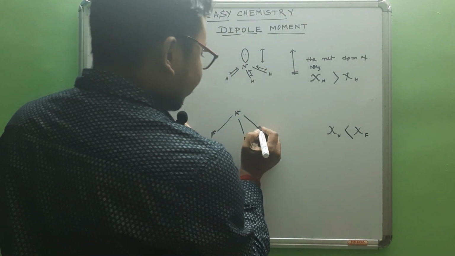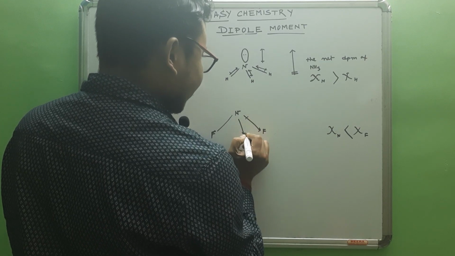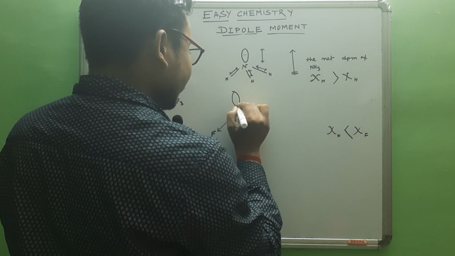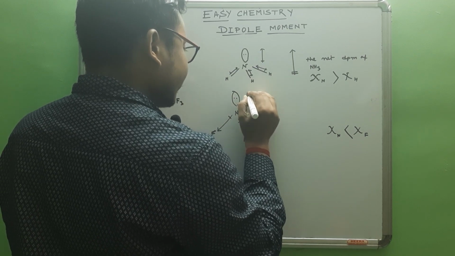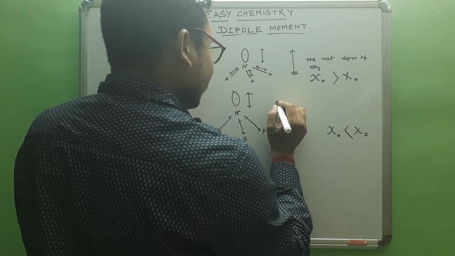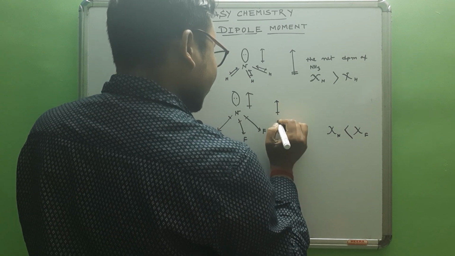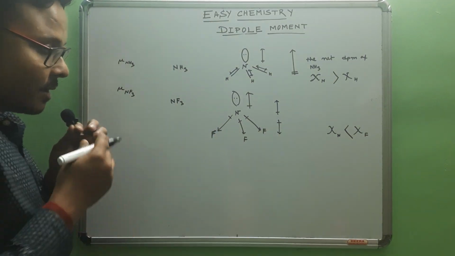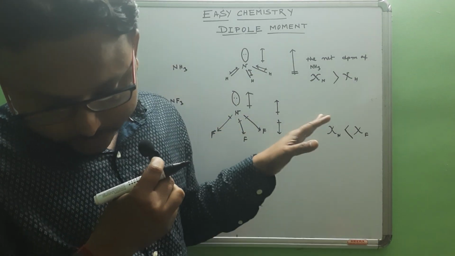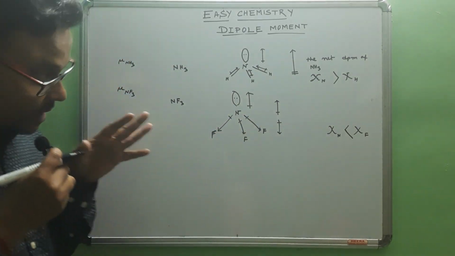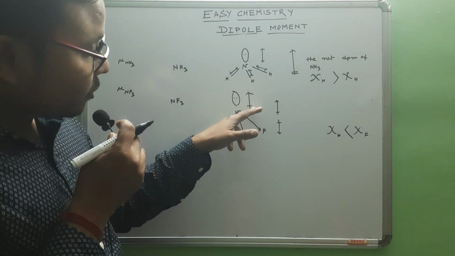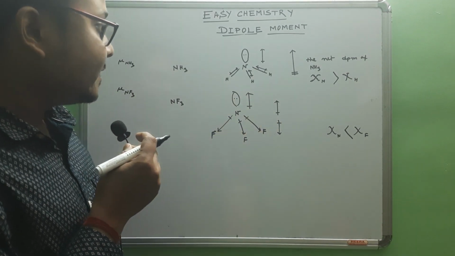So the bond pair moment acts towards the fluorine atom, and the lone pair moment acts in the opposite direction. So basically these two dipole moments cancel each other, not to zero, but to some extent.